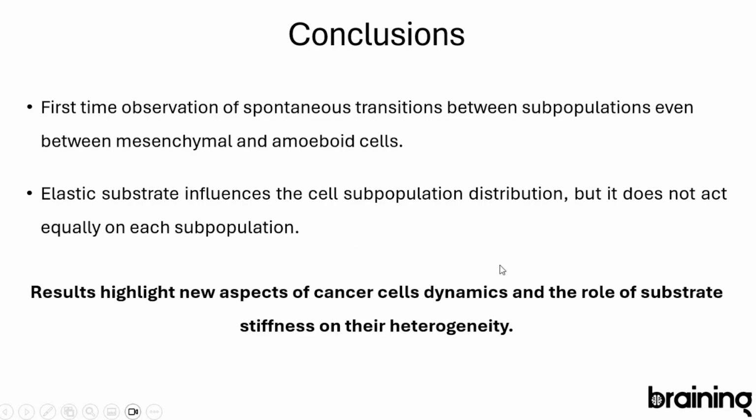So what is the conclusion? The first time we observed the spontaneous transition between different populations in the cell line, and the elastic substrate influenced the distribution of those subpopulations, but the effect of this substrate is not equal on each subpopulation.